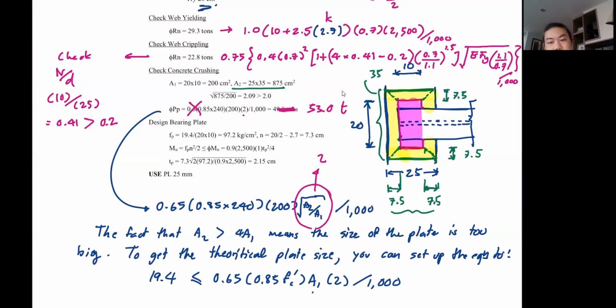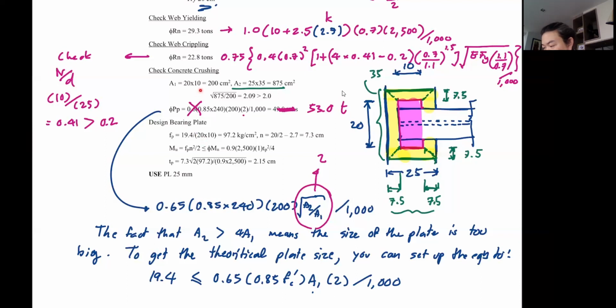It means that we can now calculate the uniform load that will act on this plate, and we can design this plate as a beam. So now you have the load, 19.4 tons. You have the size of the plate, 20 by 10, correct? Don't be confused, be focused on what you're doing.